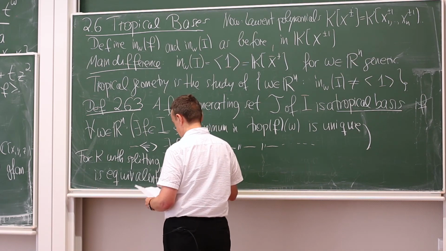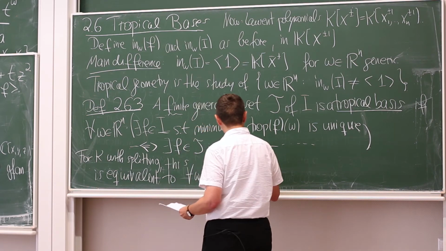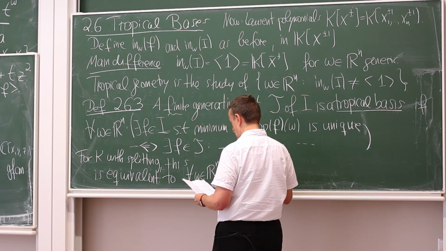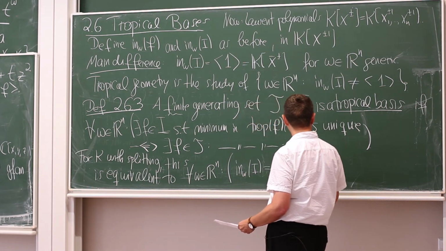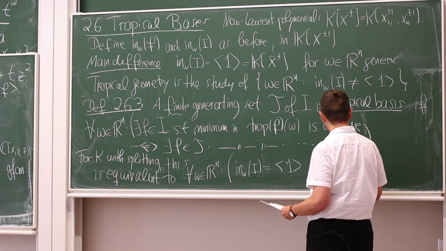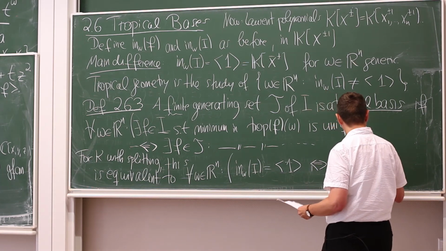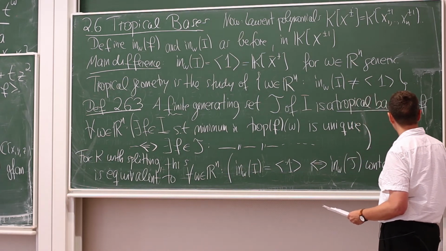For every W in R^n, the initial ideal is the whole ring, contains a unit, if and only if the initial ideal of T, that finite set, contains a unit.